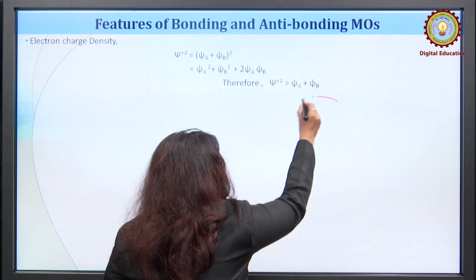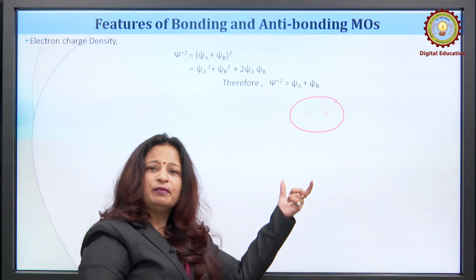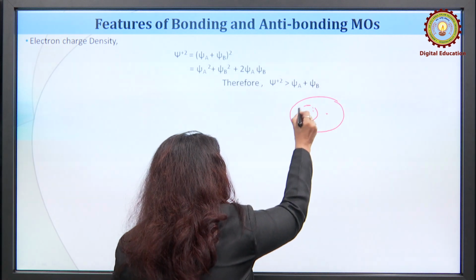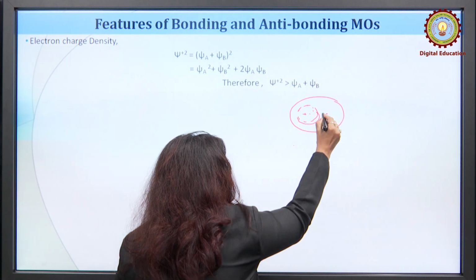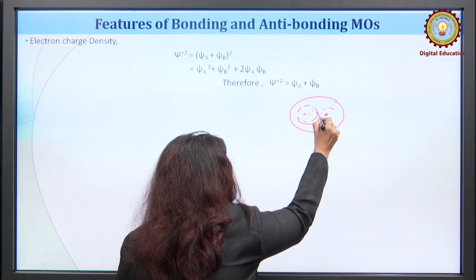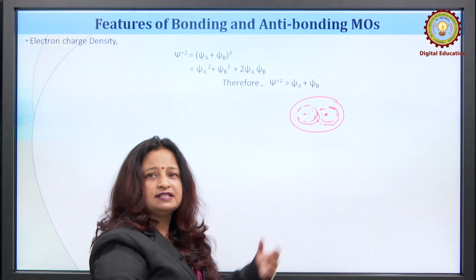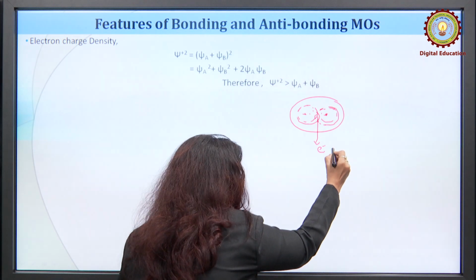It can be clarified with the help of this diagram as well. When both the atomic orbitals overlap, what will happen? The electron distribution would be like this. This is the nucleus, right? This is the nucleus, and the electrons are distributed in this manner. So, what we can see here is that the electron charge density is maximum.